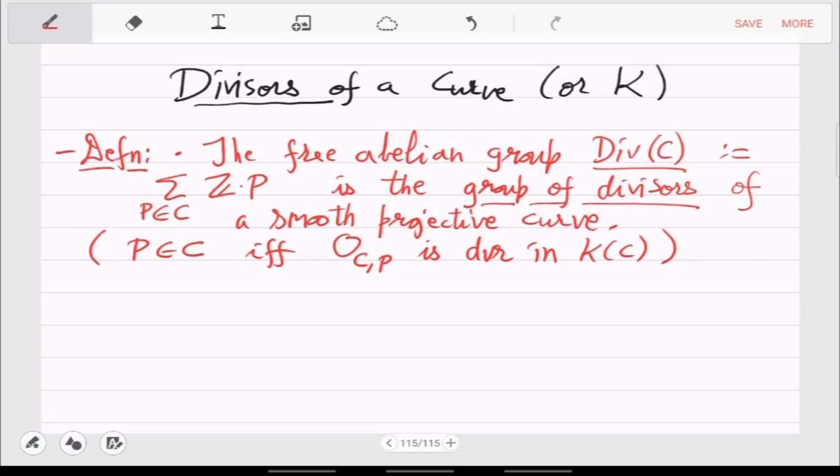That is what a point is. If you really want to think about the point, but we'll just go with DVRs, because what we want is the valuation and all that. We want to talk about the degree of the point. So in this case, you have to remember that the degree of P may not be equal to 1.